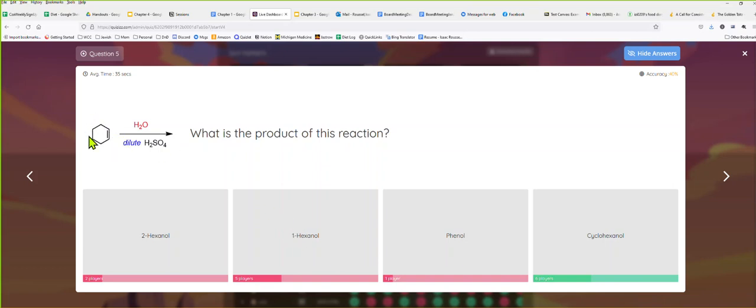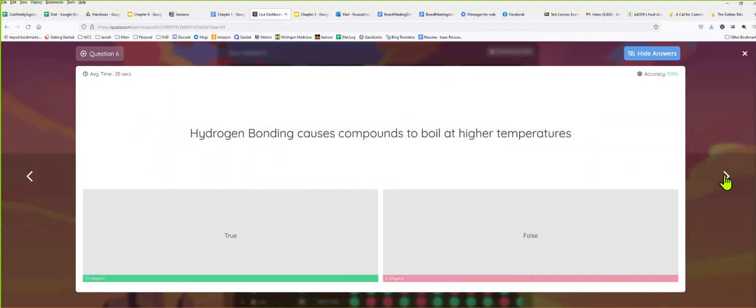The ring is still in place, so you need a cyclo in there. I kind of did that one on purpose just to make you guys think about the ring in there. So I could see why some people would think of that, but it doesn't break the whole ring apart. Everybody got that one right.